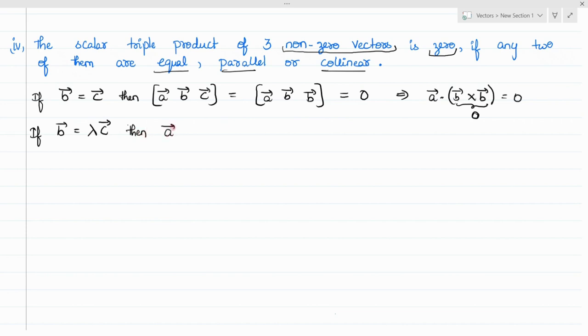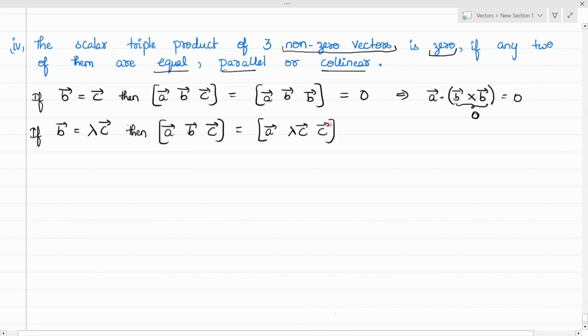Then we can write the box product of ABC as A, lambda times C, and C. Here we can take lambda outside the determinant and write it as A, C, C. Again, this becomes 0 because two vectors are the same. So finally, if any two vectors are equal, parallel, or collinear, the box product will be 0.